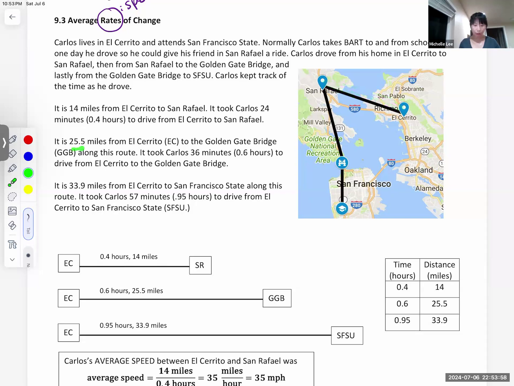Then 25.5 miles from El Cerrito to the Golden Gate Bridge, here to here, and it took 36 minutes, which is 0.6 hours. Now 33.9 miles from El Cerrito to San Francisco State along this route, and it takes 57 minutes, which is 0.95 hours.